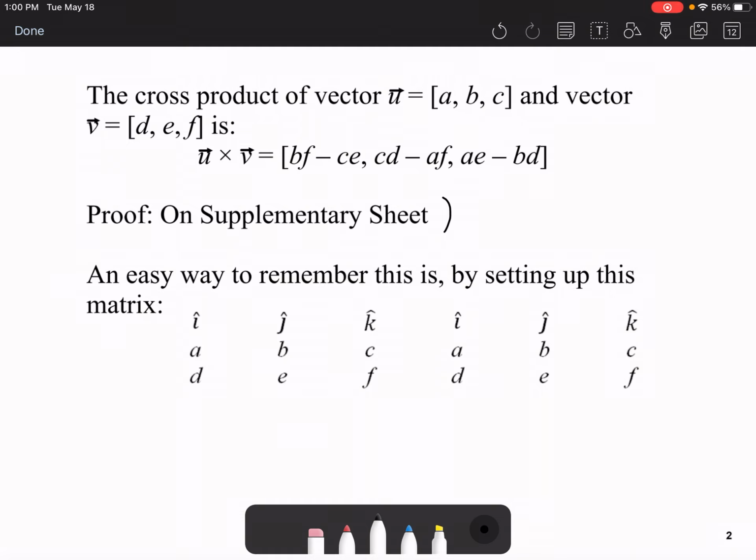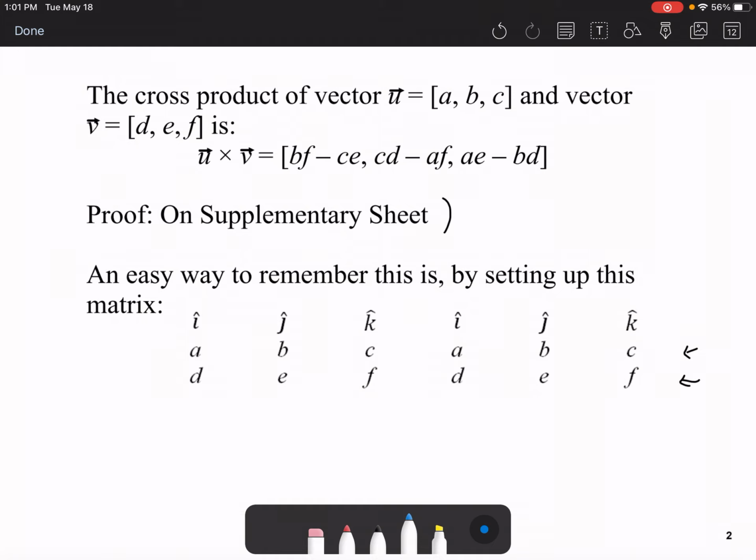But I use an easy way to remember this. So what I do is I set up a matrix like this. I set up the matrix having the first vector listed twice in a row, so a, b, c, a, b, c, and the second vector d, e, f, d, e, f. You can add the i, j, k above.